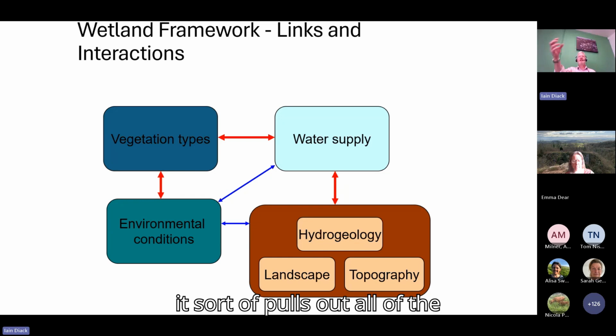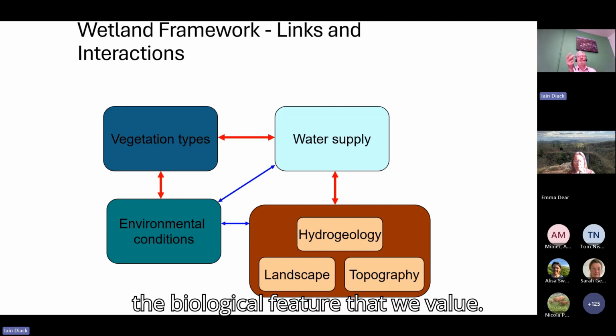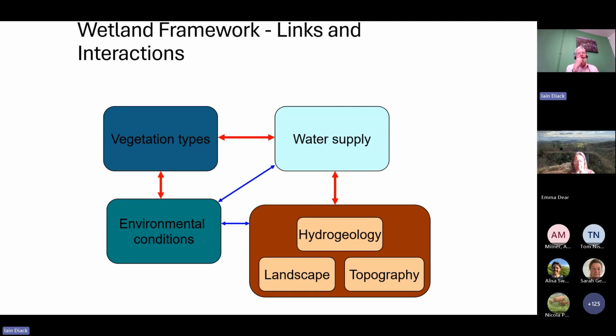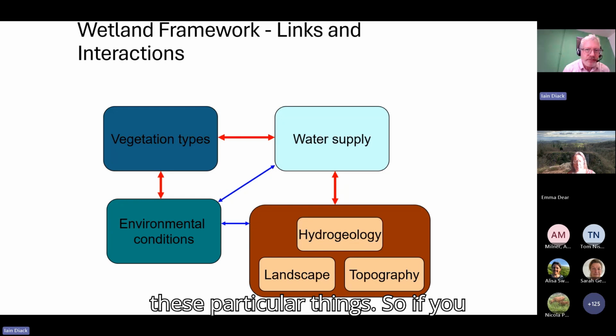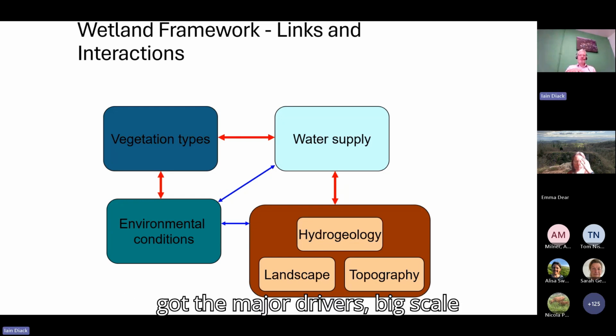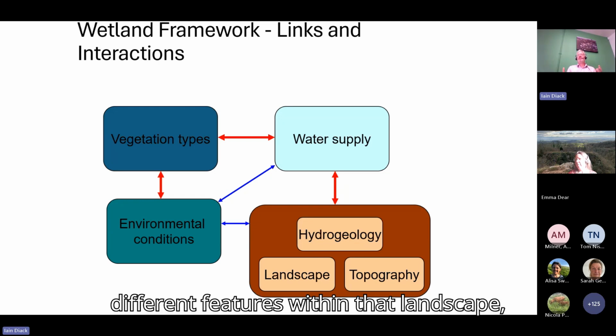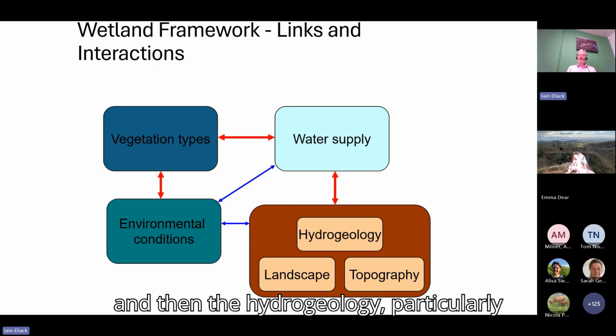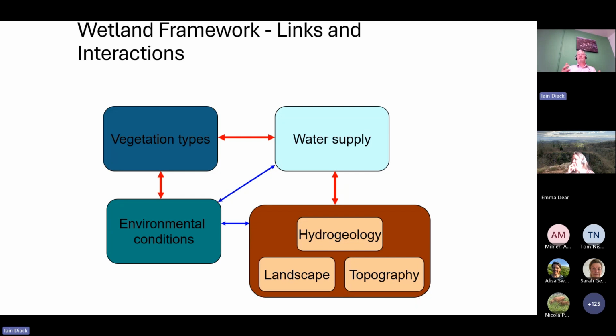And it pulls out all of the drivers of what is manifested in the biological feature that we value, and it's pared down to these particular things. So if you look in the bottom corner here, you've got the major, big scale drivers: landscape, topography, the shape of the different features within that landscape, and then the hydrogeology, thinking of particularly groundwater and how that works.